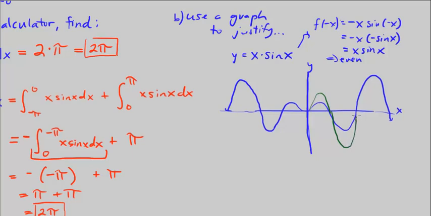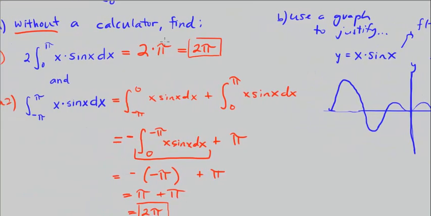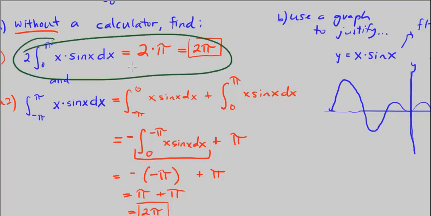It kind of just stretches it bigger by a factor of 2. So instead of just pi, it's going to be 2 times pi, so it's 2 pi. So that explains part 1 in section A.